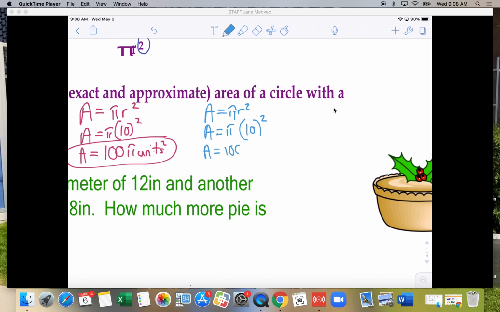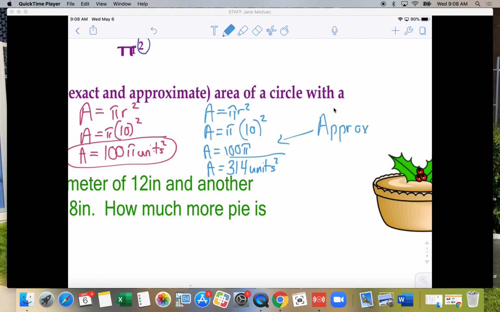I'd still grab my 100 pi, but then I would go one further step and put in 3.14, or use the pi key on my calculator. If I do that, I end up with 314 units squared, and this is the approximate.